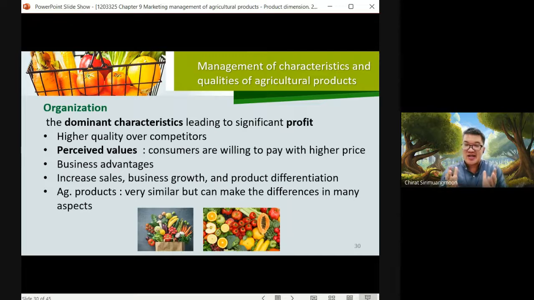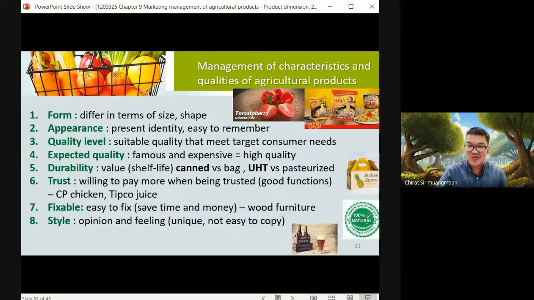For agricultural products, the key point is very similar. The key to success in business is to make something different, something that consumers know is good and different from the other people. What you can do is called product differentiation in terms of characteristics.